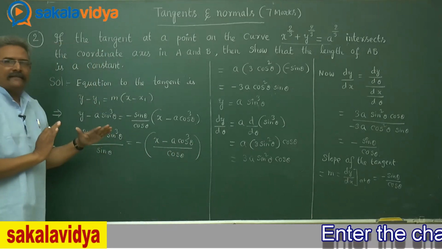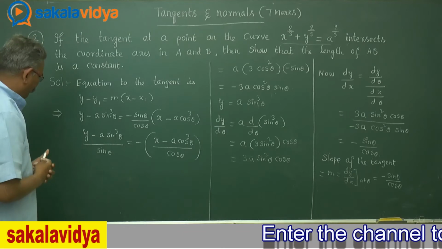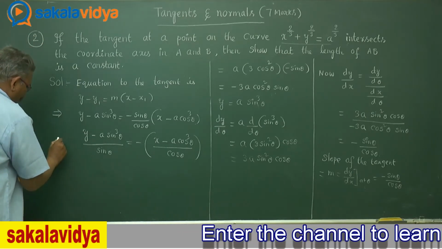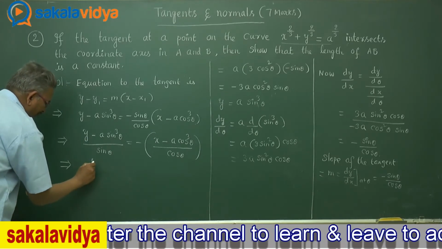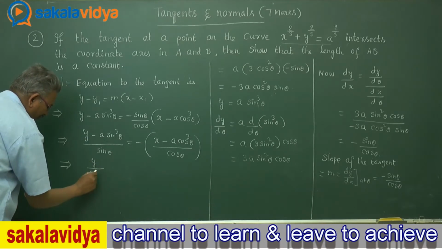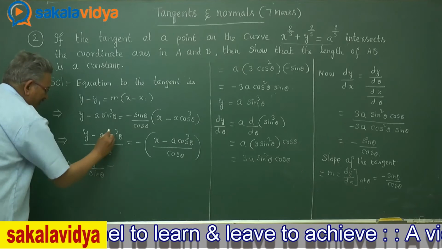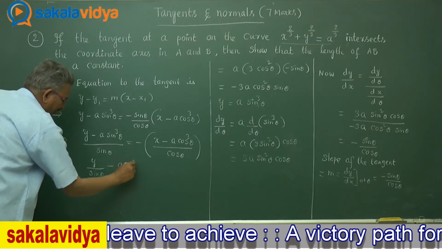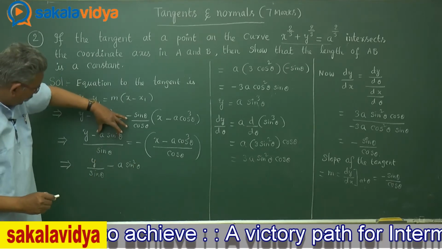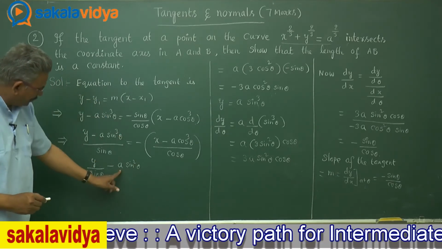This will be very comfortable to solve. So this can be written like this now. Check it: y by sin theta, correct? And minus a sin cube theta by sin theta, that is a sin square theta. Don't get any confusion, very simple. A sin cube theta by sin theta gives a sin square theta.